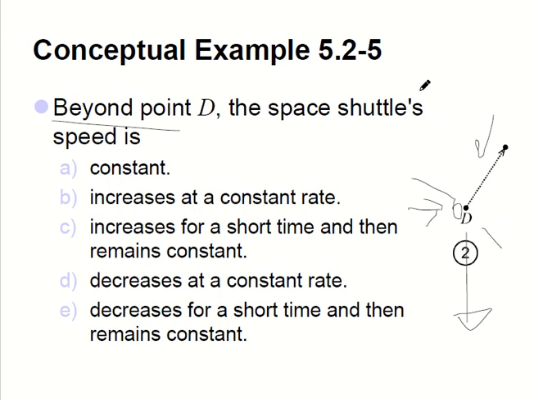I don't like this question, because it doesn't mention the existence of the atmosphere. The medium, the air resistance, is also very important, because your engine is going to give enough force to get out of that atmosphere. Beyond that point, it's going to be constant.